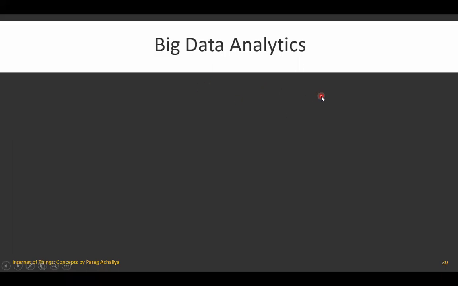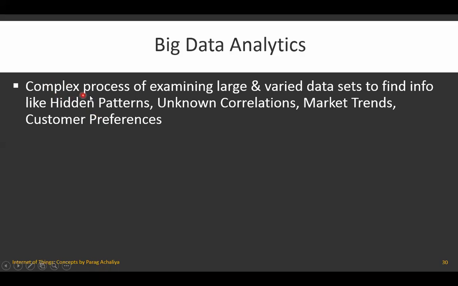Third one is big data analytics. It is the complex process of examining large and varied data sets to find information like hidden patterns, unknown correlations, market trends, customer preferences, etc. The name itself suggests that big data is the huge amount of data generated with the help of the internet. Whatever processing you do on that big data is big data analysis.